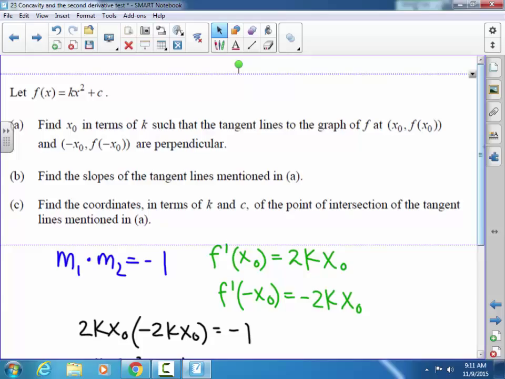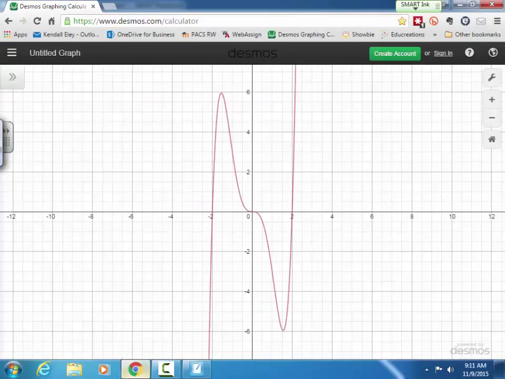K and C are going to be in your answer. So if you have K's and C's in your answer, it's okay, is what we're saying there. It's okay to have K's and C's in your answer for C part. So I want you to go back and do B, worry about C a little while, and then we will move on from there tomorrow, okay?